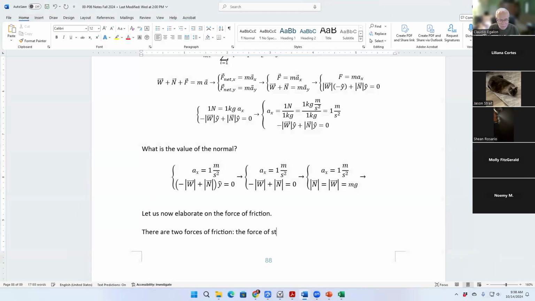The force of static friction and the force of kinetic friction. Okay, kinetic or dynamic friction. Either kinetic friction or dynamic friction. Either way, it's fine.